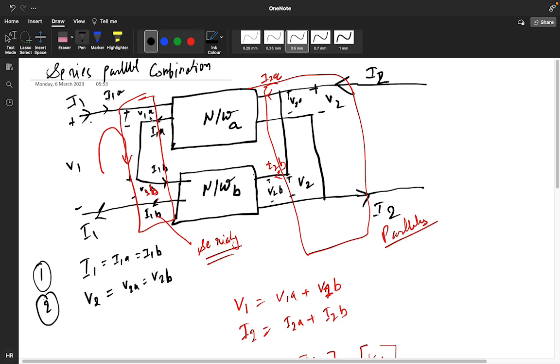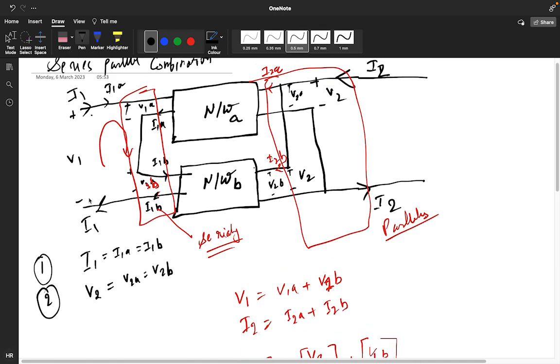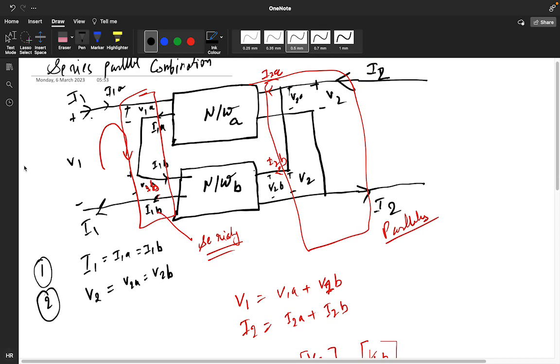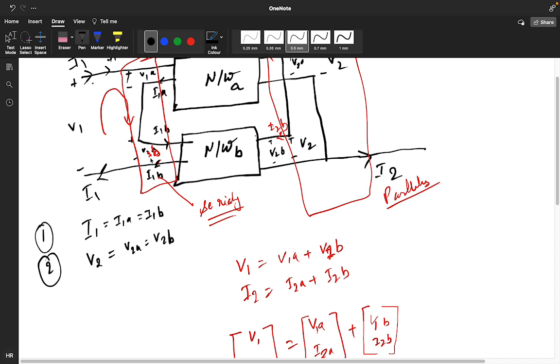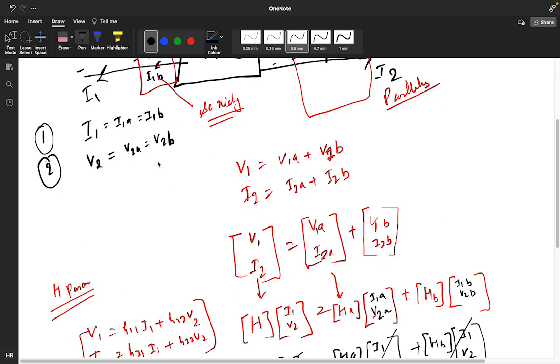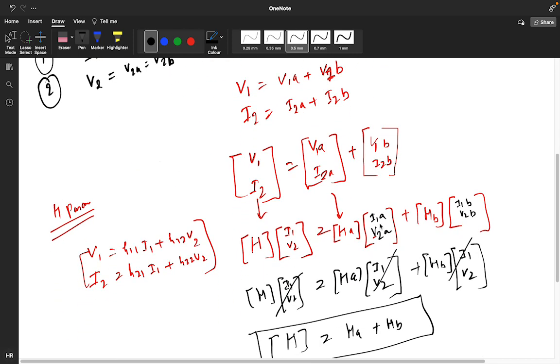This is V1A, this is V2A. All the V1 combination is nothing but V1A plus V1B, if you apply the KVL. And your I1A current is equal to I1B current because it is series connected. That's why instead of I1A, I have written directly I1.